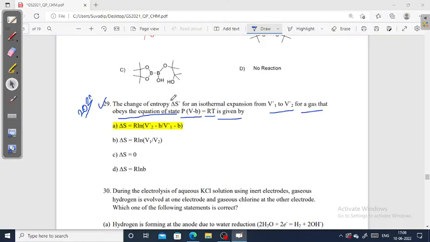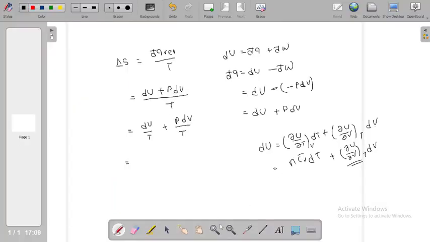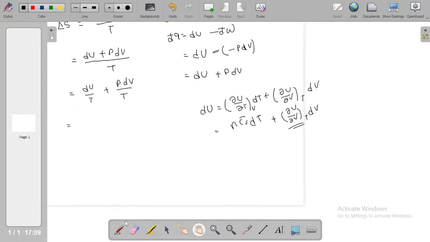Here we need to find the internal pressure of this gas. This del U by del V at constant T is called pi T, the internal pressure. As the equation of state says P(V minus B) equals RT, there is no pressure correction term, so the internal pressure will be 0.